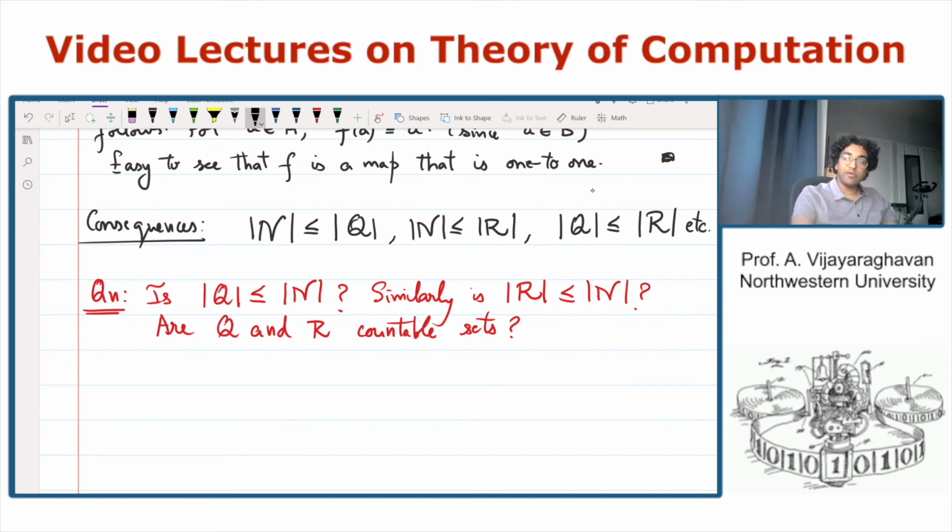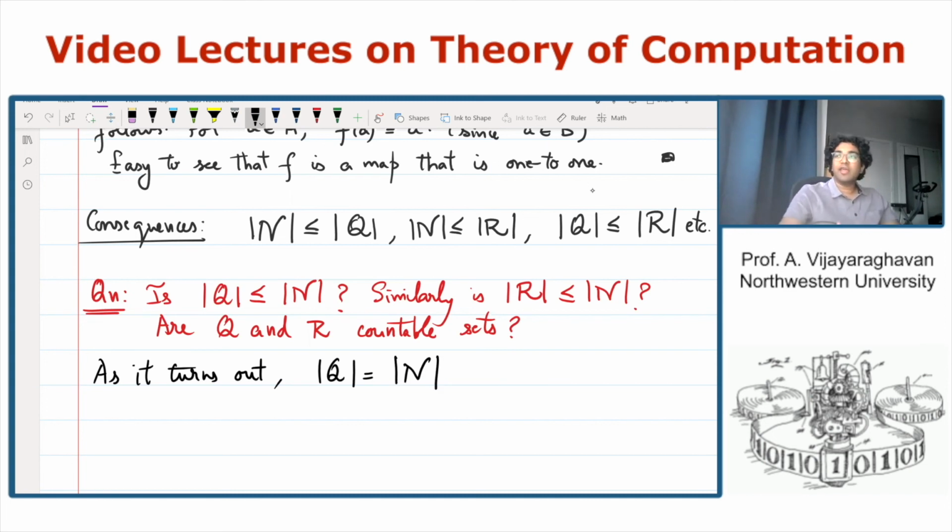Well, here's an interesting difference between the two, rational numbers and real numbers. As it turns out, and we're not going to see this in this class, the cardinality of rational numbers is exactly the same as the cardinality of natural numbers.